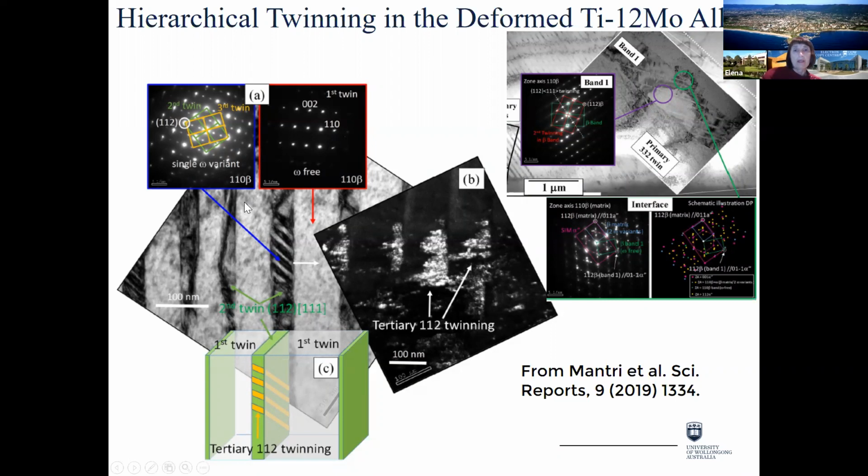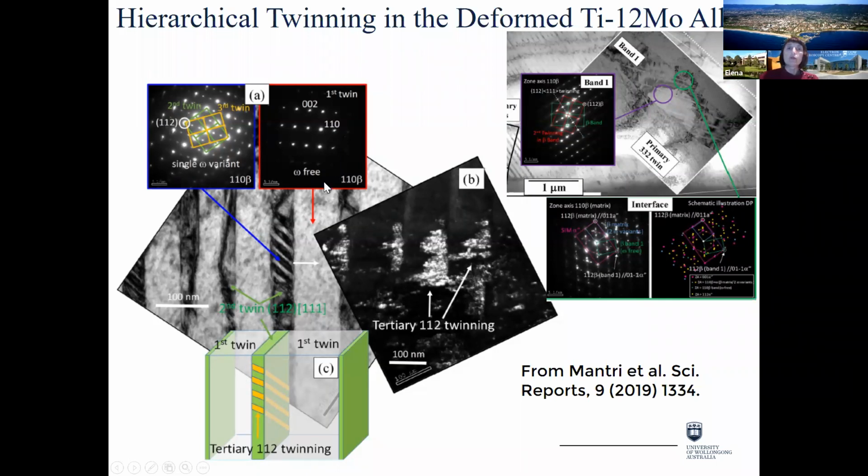Here in work by Mantri, they clearly showed what we also think, that we have formation of primary 332 twins, then there could be secondary 332-type twins forming. Then there are tertiary 112 twins forming inside 332 twins, as you could see here.